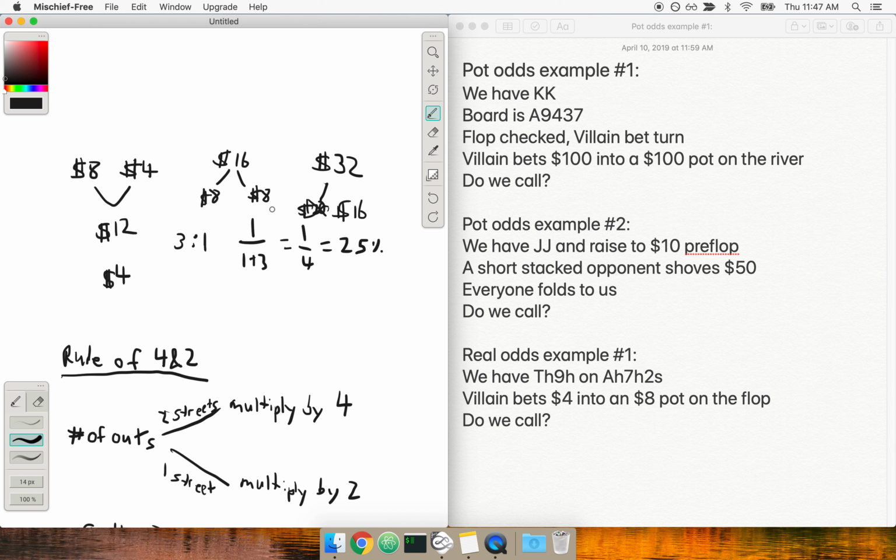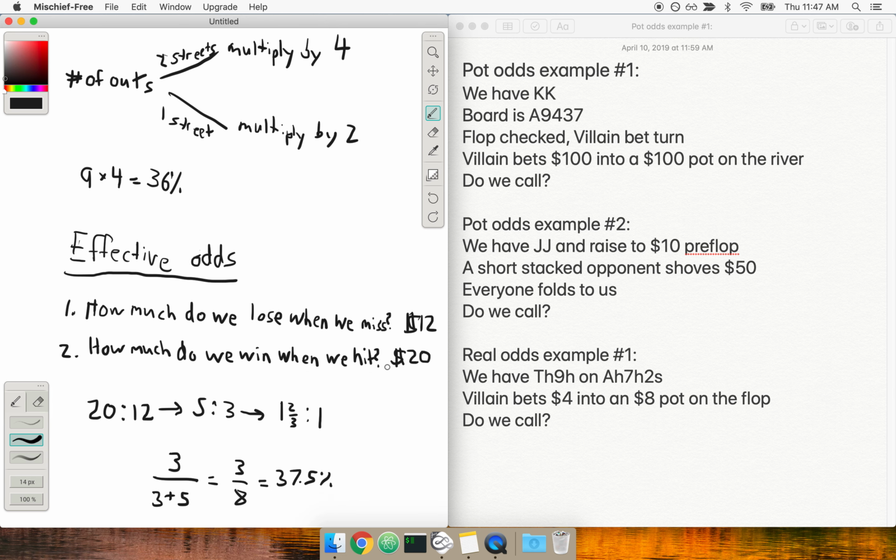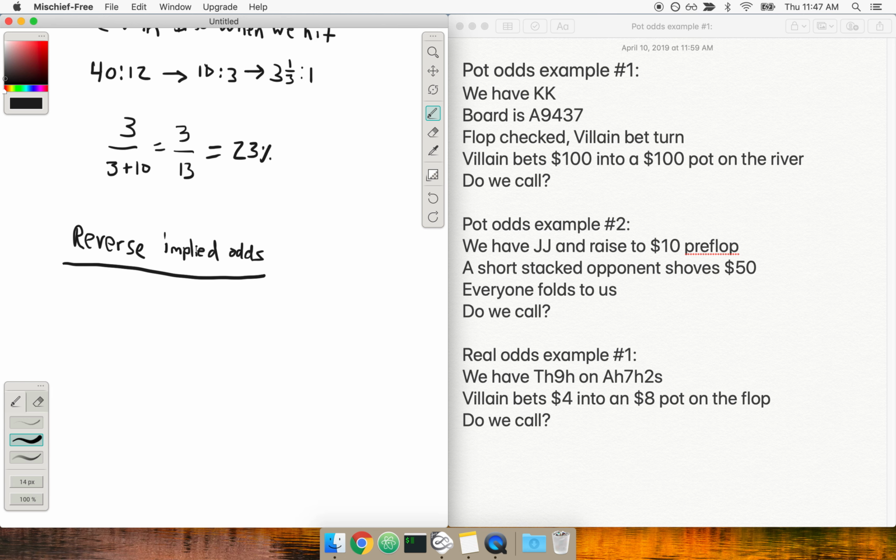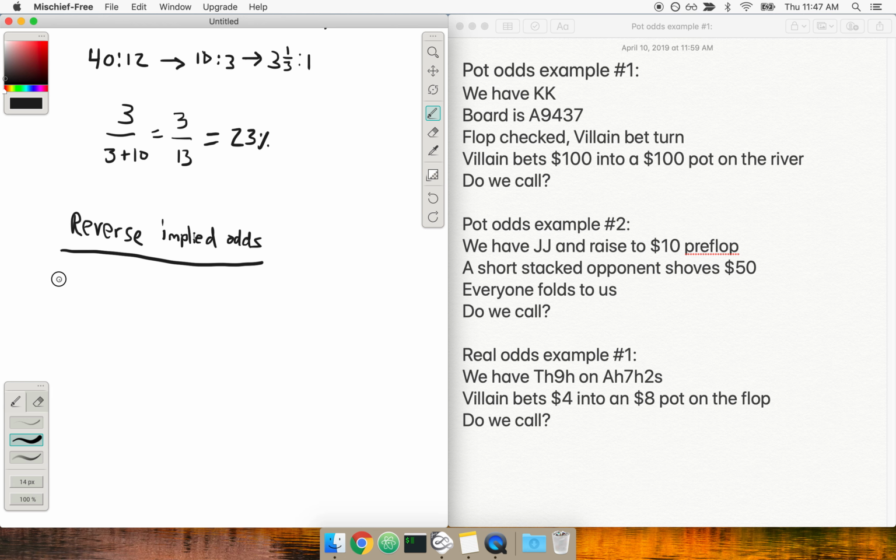So now instead of adding another 20, we're going to add another 16, not 20.